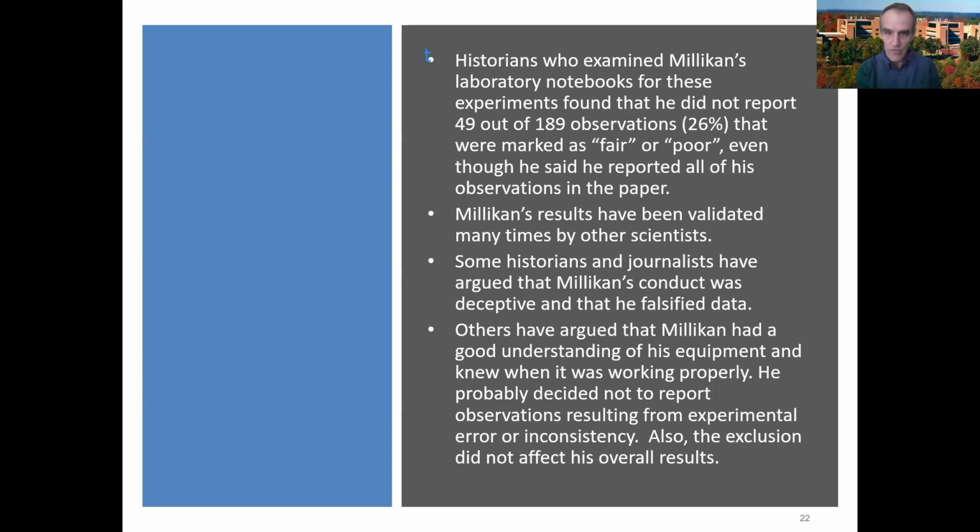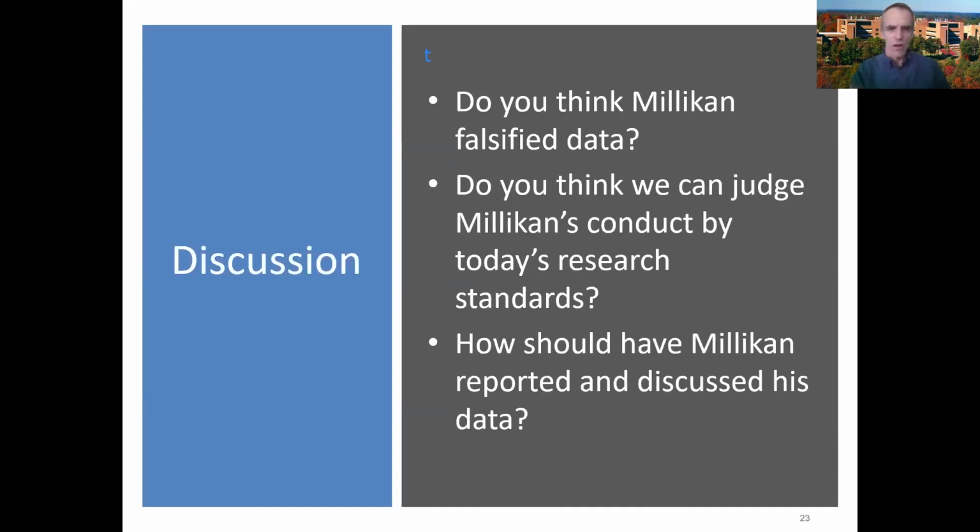His results have been validated by many other scientists. But there are questions about whether he was ethical. Some have argued that his conduct was deceptive and that he falsified data. Others argued that he had a good understanding of his equipment and knew when it was working properly. He probably decided not to report observations resulting from error or inconsistency. And overall, this did not affect his results.